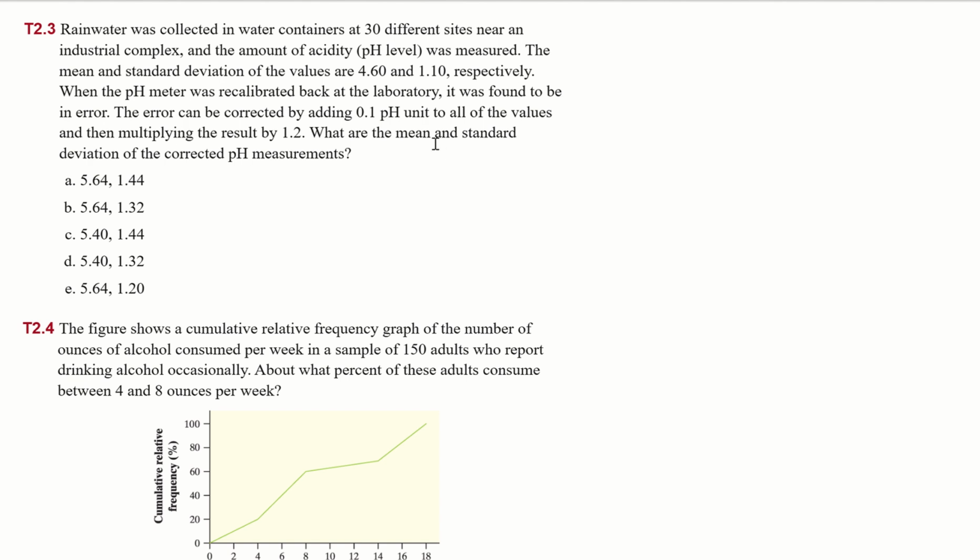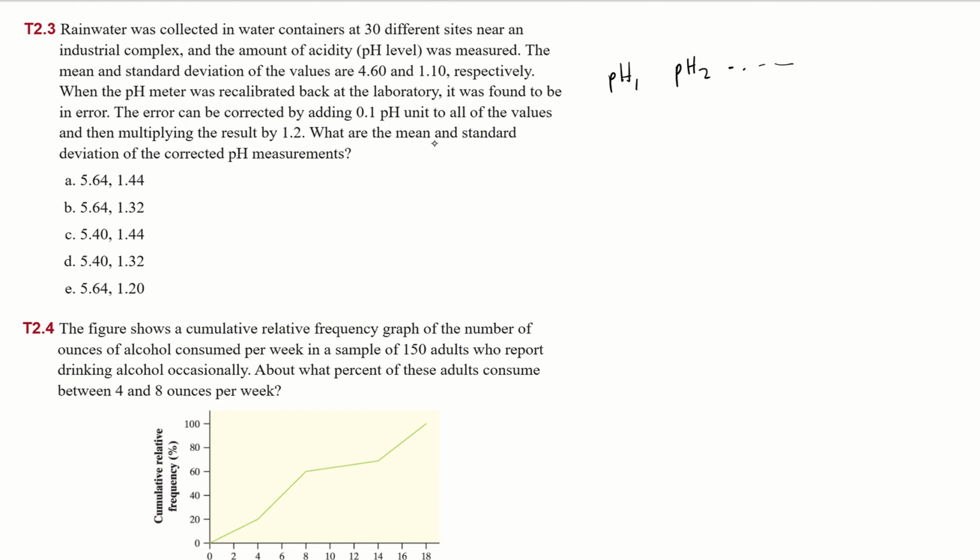Remember, when you take a set of data and you add or multiply each of the numbers by something, let's say you have a bunch of pH levels, right? You have pH 1, pH 2, and so on.